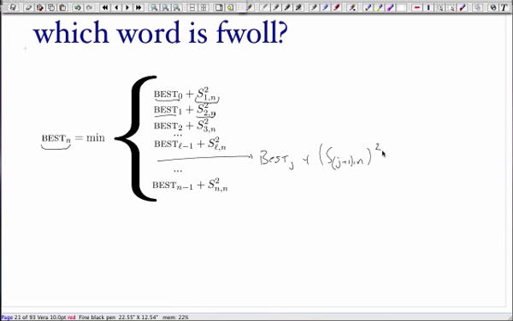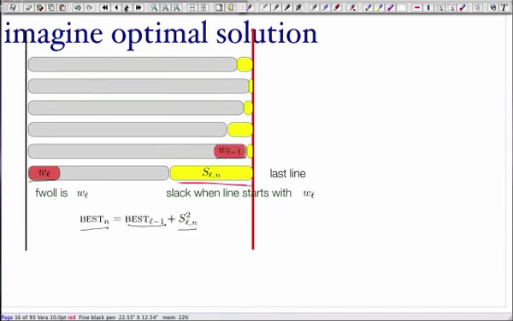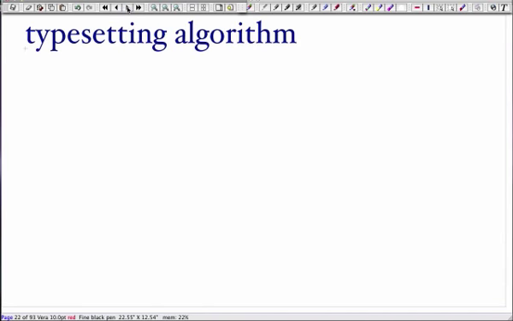Question? Yes. So the question is, why is our goal here to minimize this quantity instead of something else? That's a legitimate question. And perhaps someone with more aesthetic sense has a better function to describe what is the best typesetting. But for this problem, the simplest case of typesetting is just to minimize this slack squared.